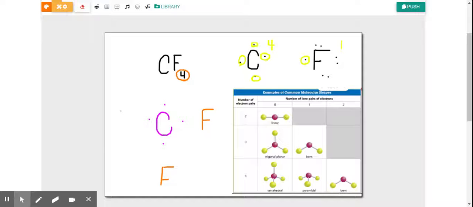Fluorine, we've said, has 7 valence electrons, so let's go ahead and draw those in. It's really, really important, you guys, to draw the Lewis structures of the elements.